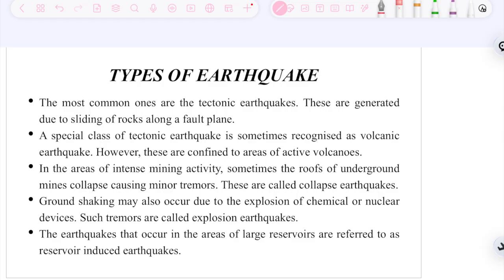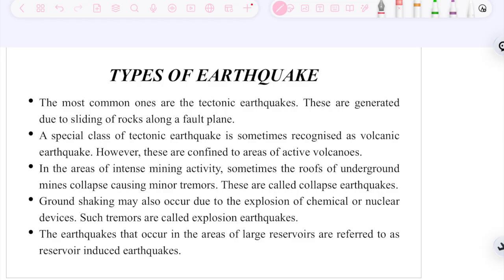For example, if we put a very heavy weight on a bed, the bed will also move, right? So if we put a heavy weight on the earth's rocks, underlying rocks will also move. So there can be various examples of how an earthquake can be generated.